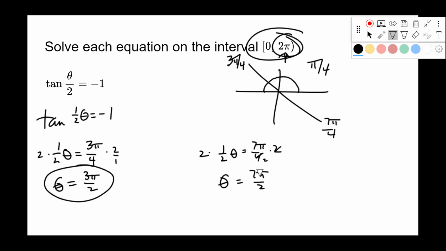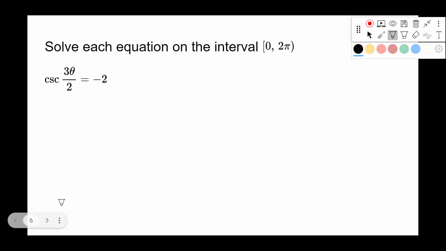That's already 3 pi. Too much. 2 pi is as high as you can go, and you can't even go to 2 pi. So this answer gets thrown out, okay? So you'd end up throwing out that answer anyway because you never reached that far in the unit circle. You only went halfway around it, all right?